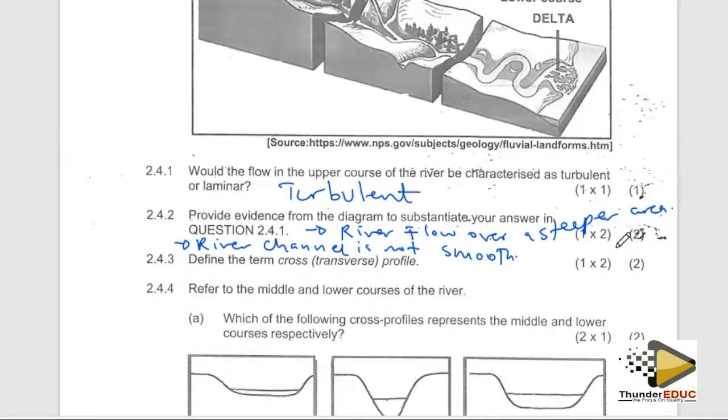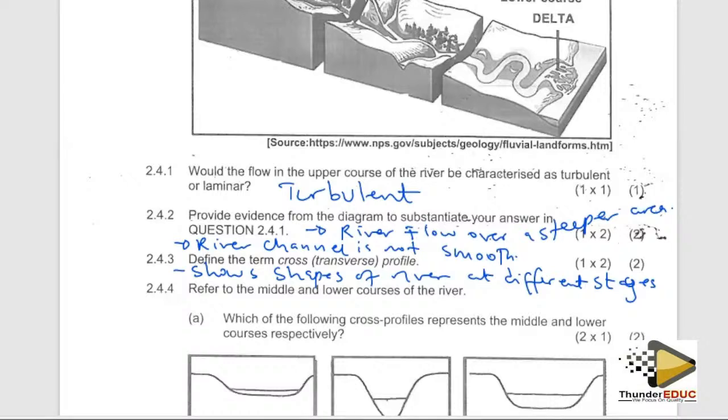Then 2.4.3, define the term cross profile. In the cross profile, we look at the shapes of rivers at different stages. A profile that shows the shapes of a river at different stages.